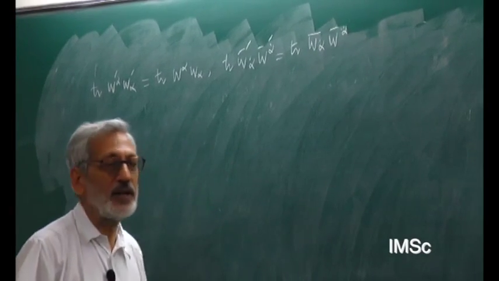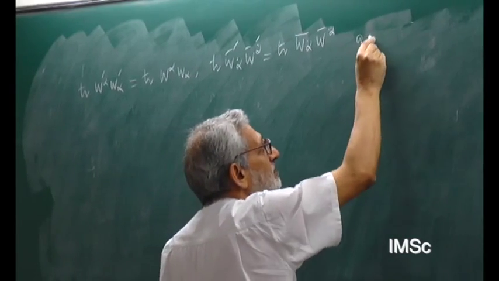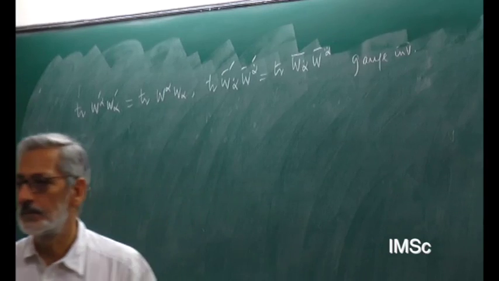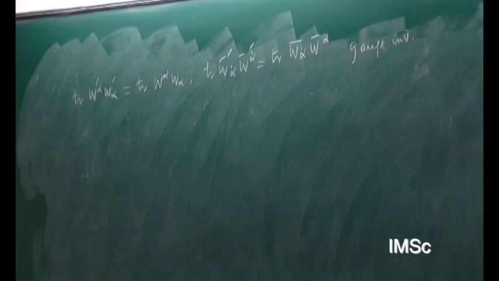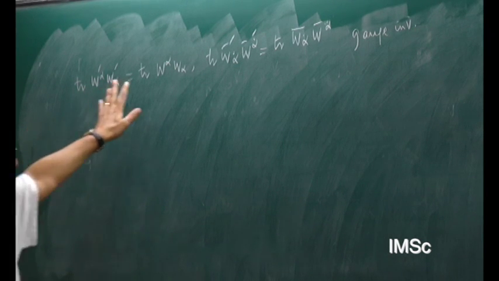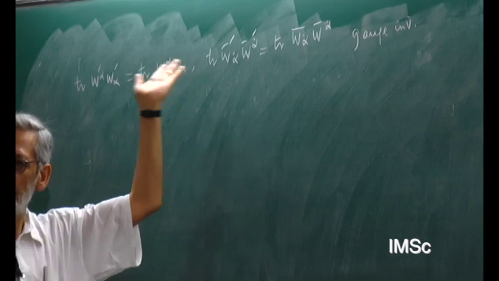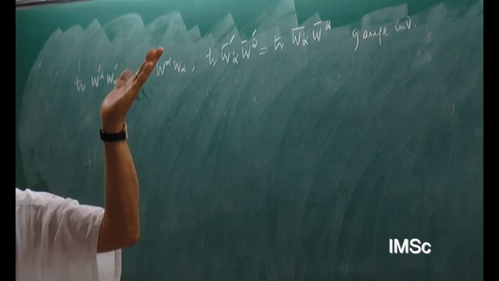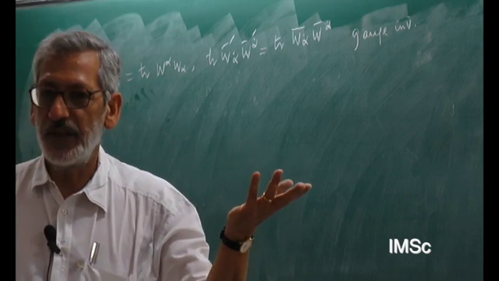So these are gauge invariant. These are gauge invariant chiral superfields because they are products of chiral superfields or anti-chiral superfields. This is chiral superfield, this is anti-chiral. So I can take the D term or F term of these objects and construct a piece of the Lagrangian.